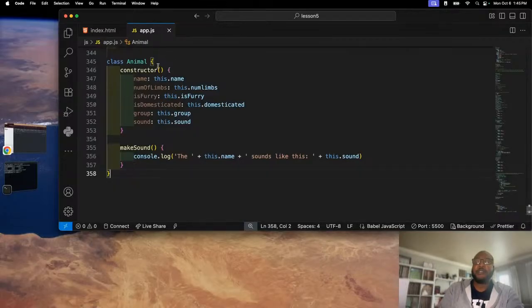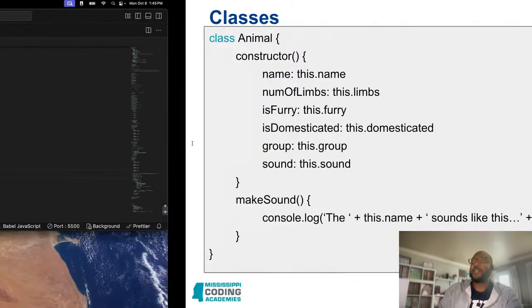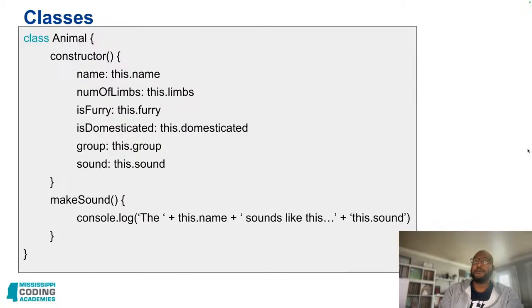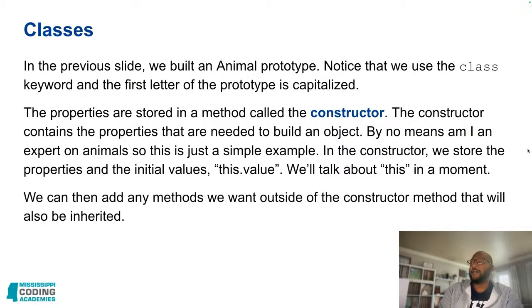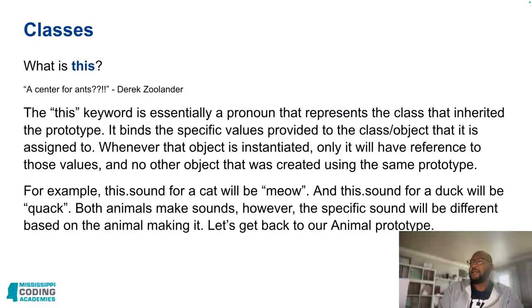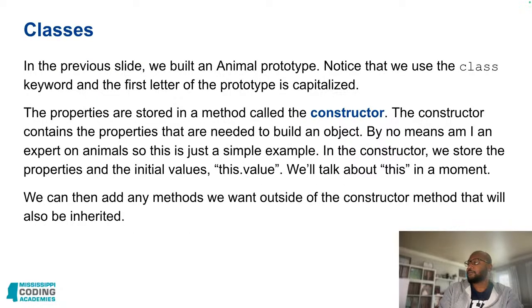This creates the prototype for Animal, and then I can take this animal and pass it on to another object where it would have its own unique instance. We can then add any methods we want outside the constructor method that will also be inherited.